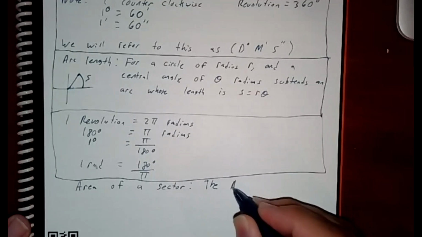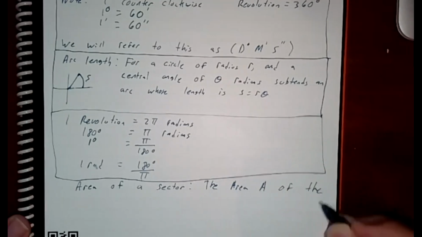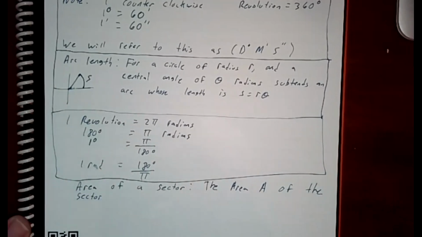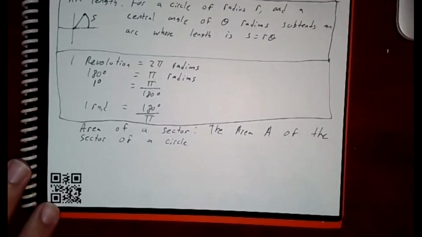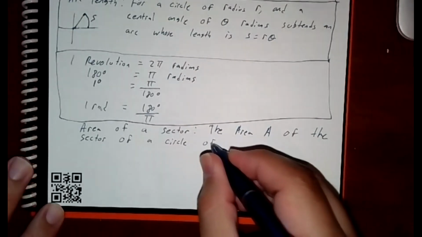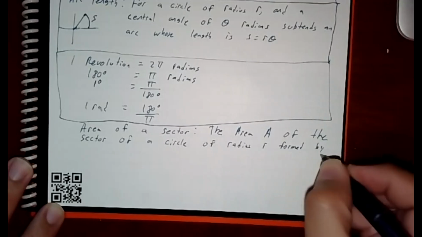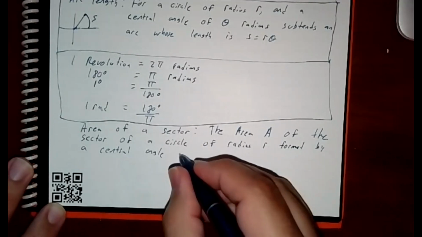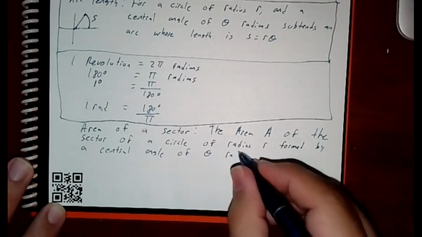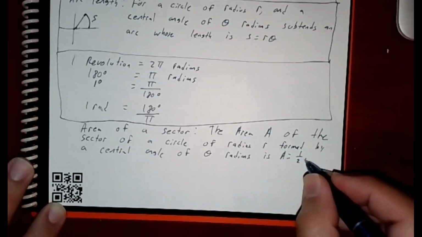The area A of the sector of a circle of radius r formed by a central angle of theta radians is A equal to 1/2 r squared theta.